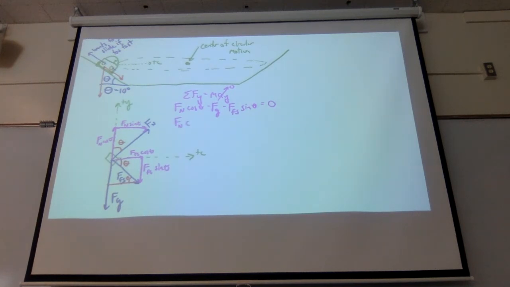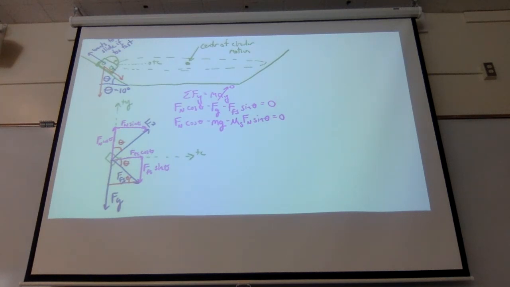So normal force cosine theta minus mass times gravity minus the coefficient of static friction times the normal force sine theta equals 0, just plugging in all the little mini equations for things that I have equations for. And then I'm going to solve that for the normal force.